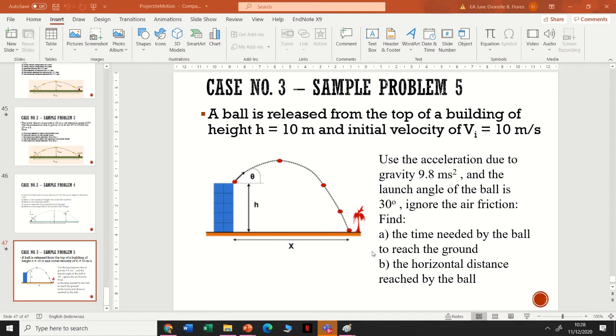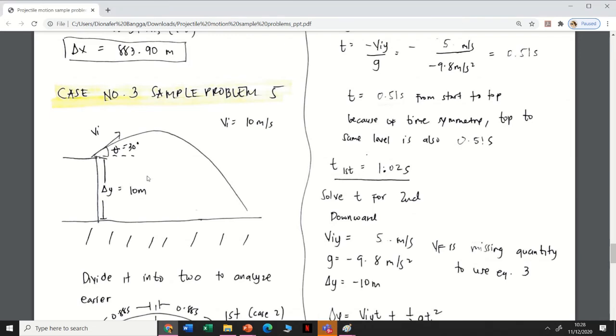The first part of the trajectory would be treated as case number 2. From the first dot until the third dot, as you can see, it would give us a parabola and the same level for both. So we can use the concept of case number 2 for the first part of the trajectory of case number 3.